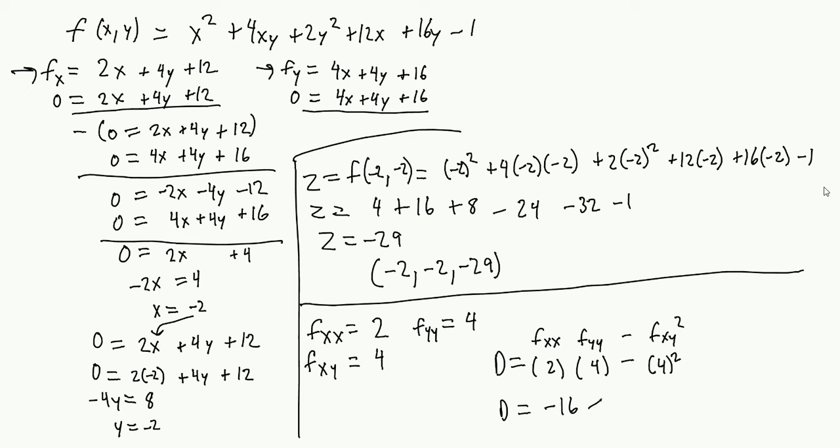Okay, so again we have a saddle point because d is negative. So saddle point, negative 2, negative 2, negative 29. We don't have any other points, so no min and no max.